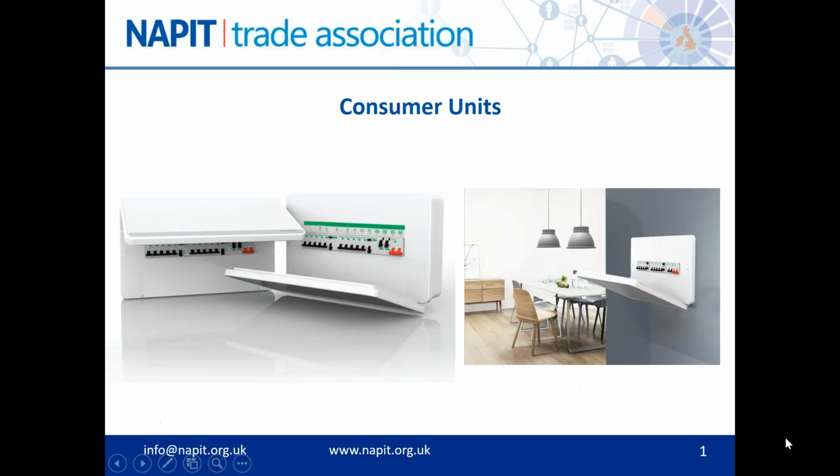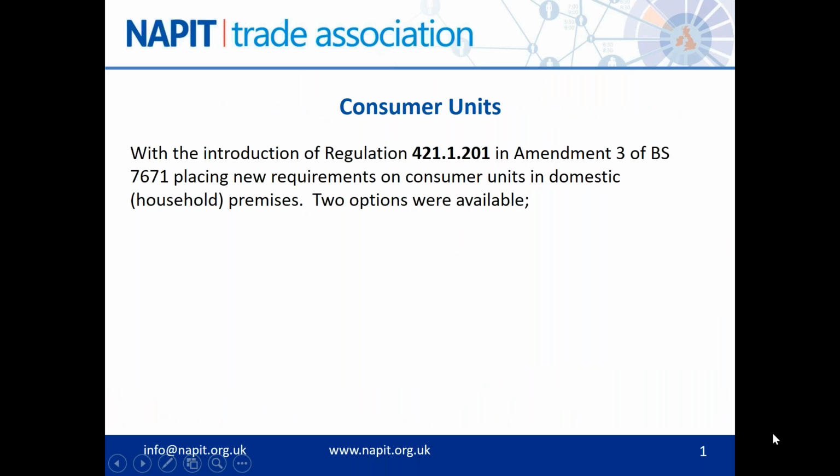Right. Okay. So we'd like to talk about consumer units because, as we know, a lot of them are now metal cased, and that's because of the introduction of the new regulation in Amendment 3 that places requirements on consumer units in domestic premises.